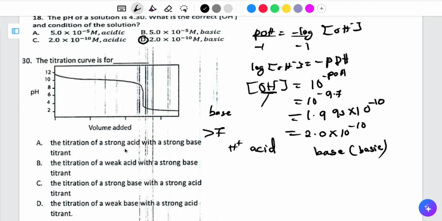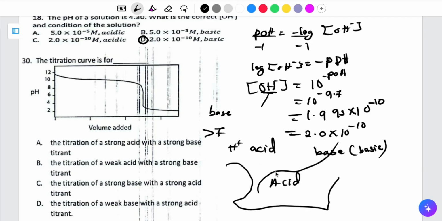Then this one, the titration curve is for which one? It's starting at 12, but remember this one is the reverse one, where, if you remember, you have an acid, then you're adding a base. This one is the first one, and it was looking something like this. But when you have a base inside, then you're adding an acid, it has to look something like this.